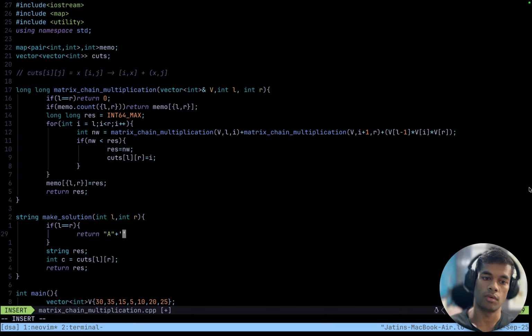A plus 0. Yeah, A plus L, because L is the index of this singular matrix.